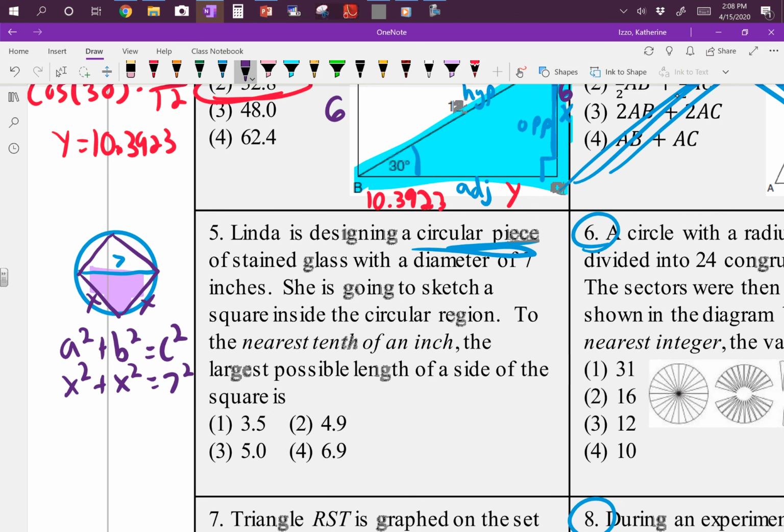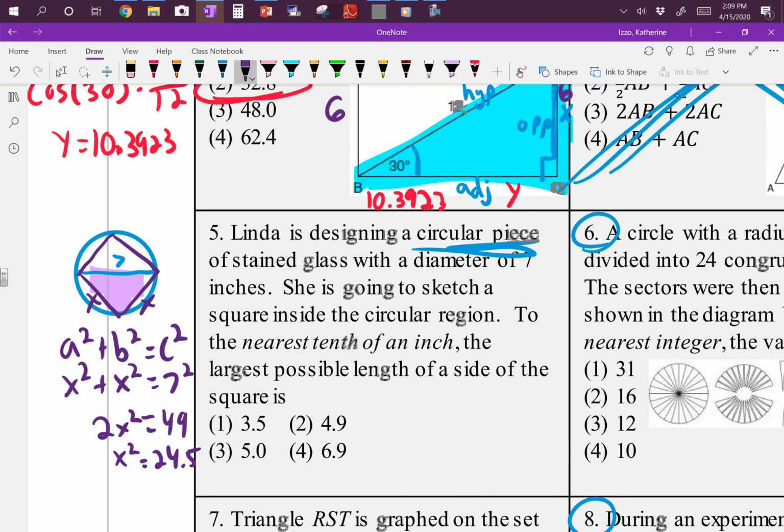Once again, you can just do menu 31 at this point. I like to do it out. I've got 2x squared equals 7 squared. 7 squared is 49. And then I divide both sides by 2. So we get x squared is equal to 24.5.